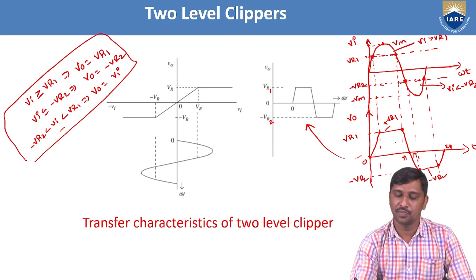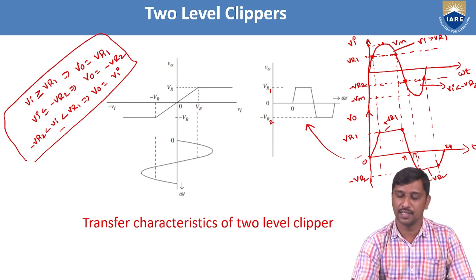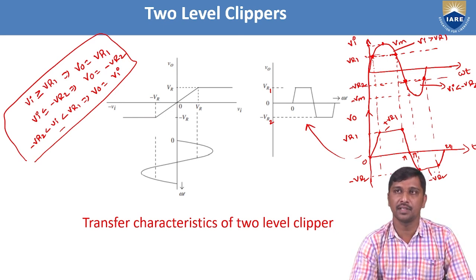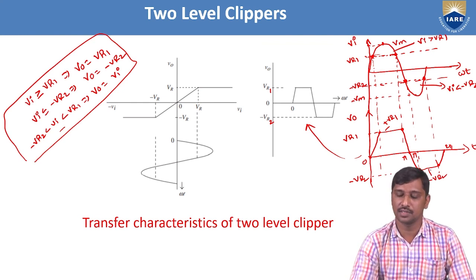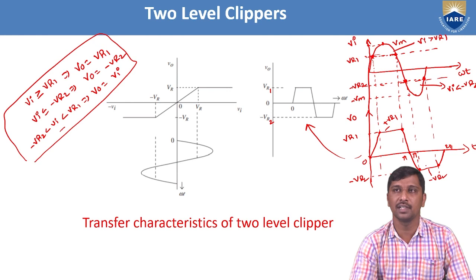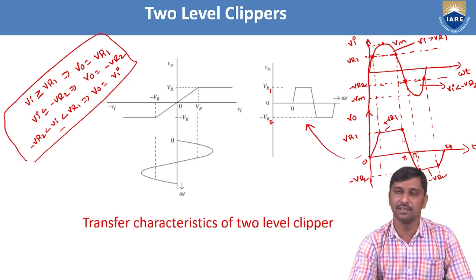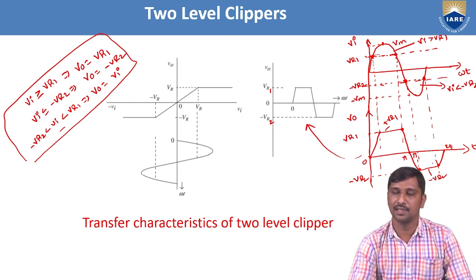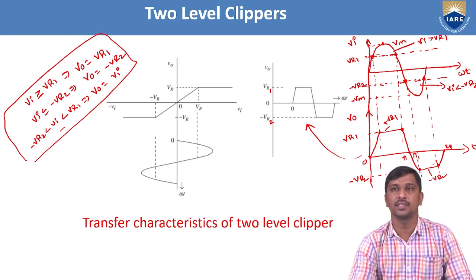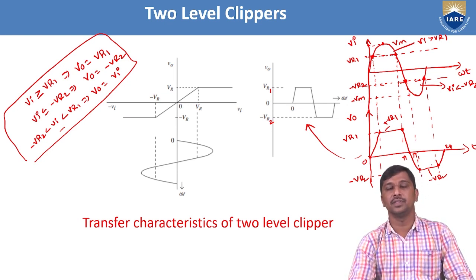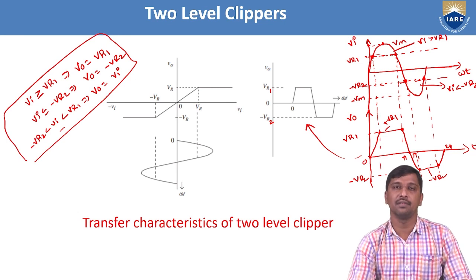We are combining the positive peak clipper with a positive reference and the negative peak clipper with a negative reference. Then this type of response is called a two-level clipper. It means some amount of the amplitude is limited in both levels, the positive level as well as the negative level. Hence, this type of circuit is called a two-level clipper.